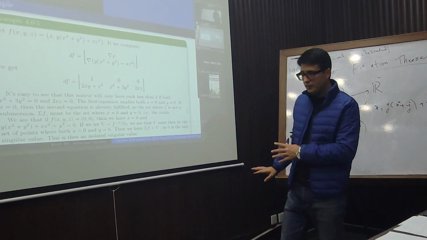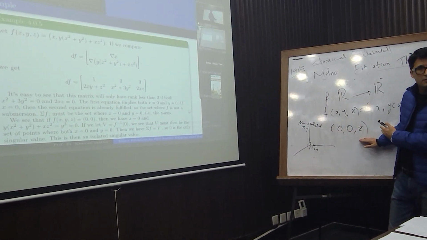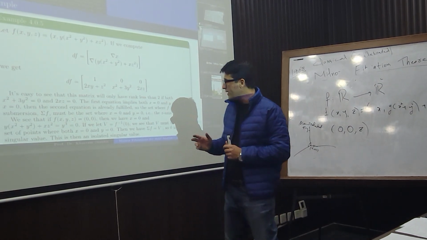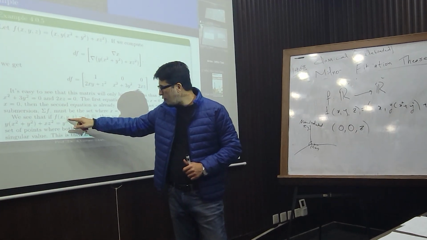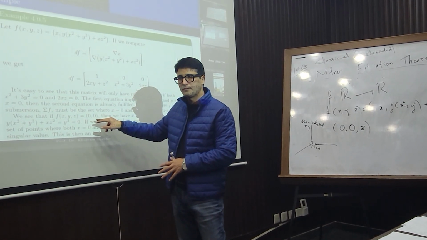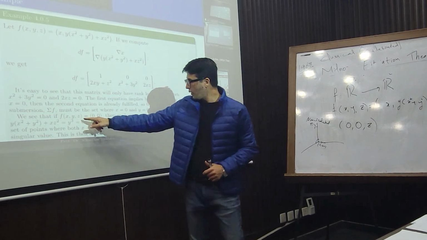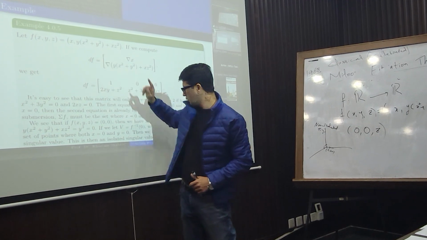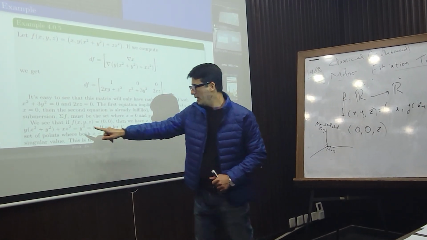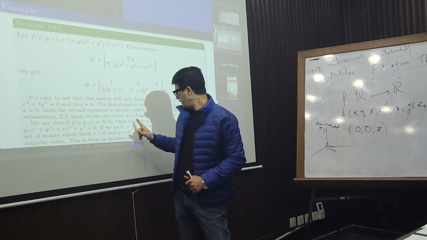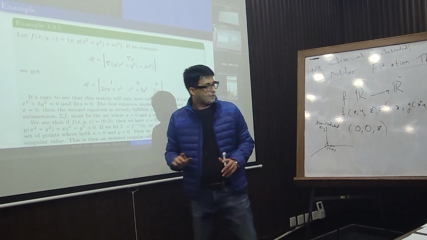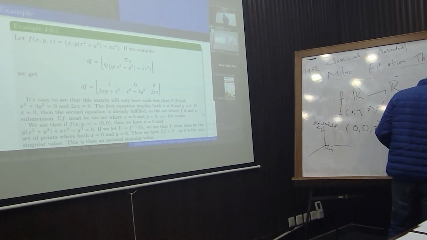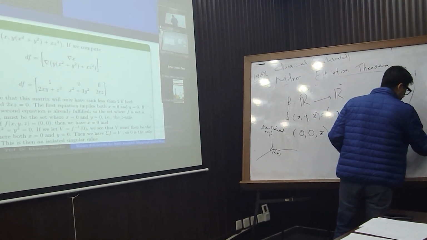So this was our singular points, but what about the singular value? Singular value means the points where this function f of x comma y is 0. So if we put f of x, y, z equal to 0, that means this part is 0 and this part is 0. If we substitute x is 0, and this is 0, so from here we get y is 0. So in this case only (0, 0) is our singular value.